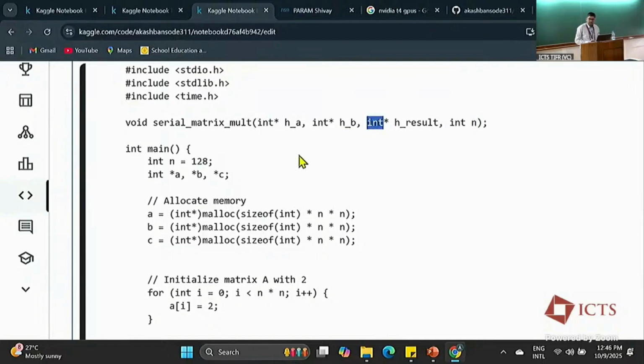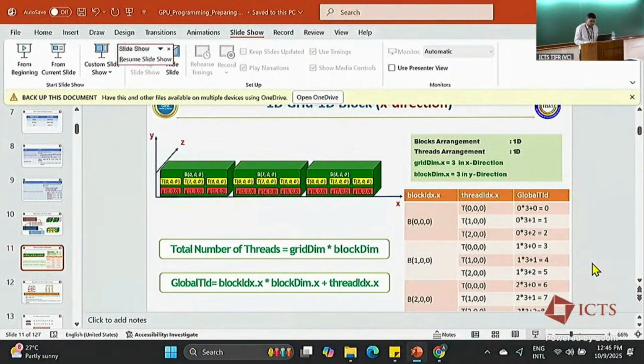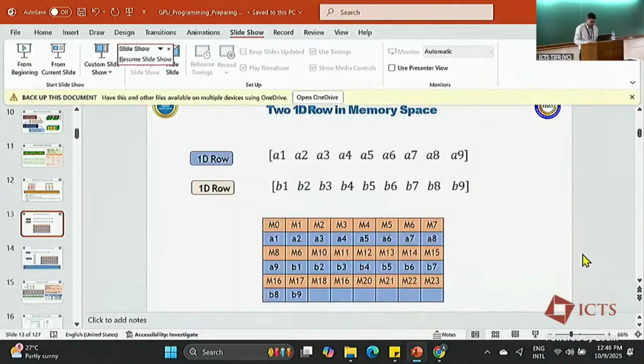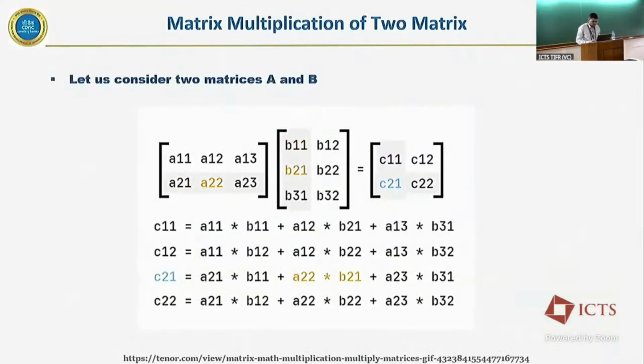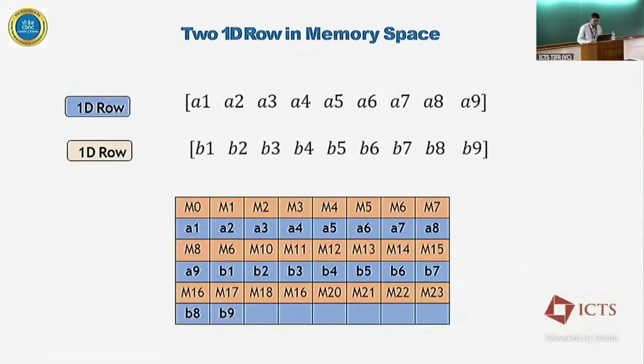This is a 2D matrix. I think you have observed that. But whenever we use any kind of 1D or 2D array, in the memory it is going to be stored like this. Suppose you have a 1D row that is A1, A2, A3, A4, A5, A6, A7, A8, A9.